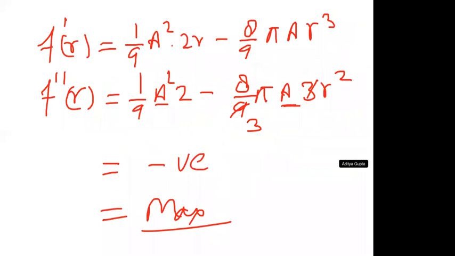Now almost every type of question we have completed. A question is given in the miscellaneous exercise, question number 4. Find the equation of the normal to the curve y square equals 4x at point 1, 2.